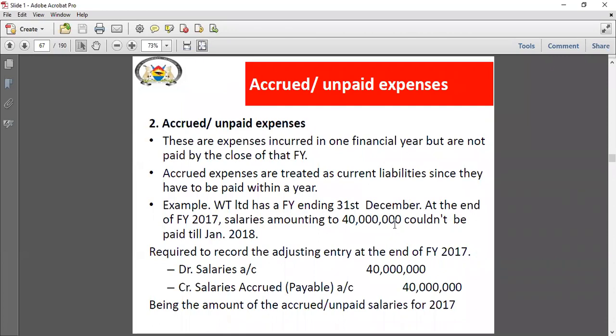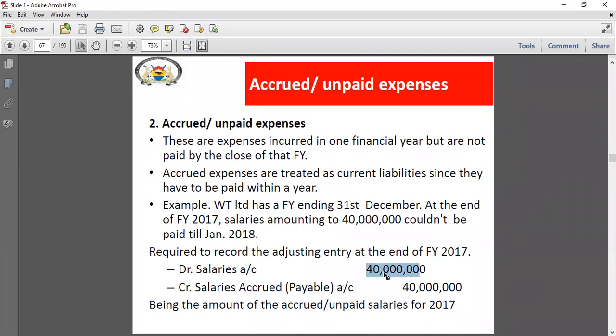Remember, a transaction would only go through to the trial balance, either we've paid it if there are salaries, or maybe we've done another recognition. But if this comes as an adjusting entry, it means that this 40 million that was not paid until the next financial year in 2018, it means that it was not part. So we debit to increase the salaries that are within our trial balance.